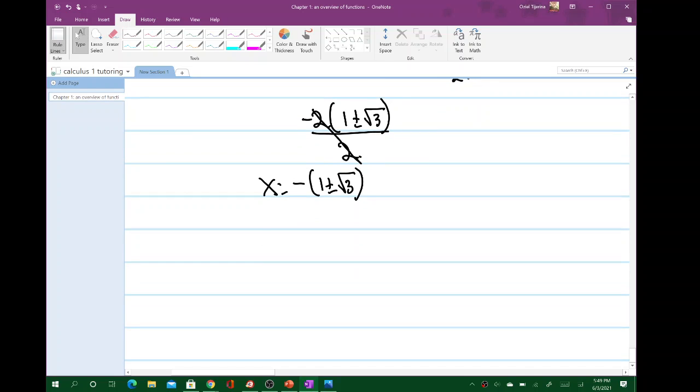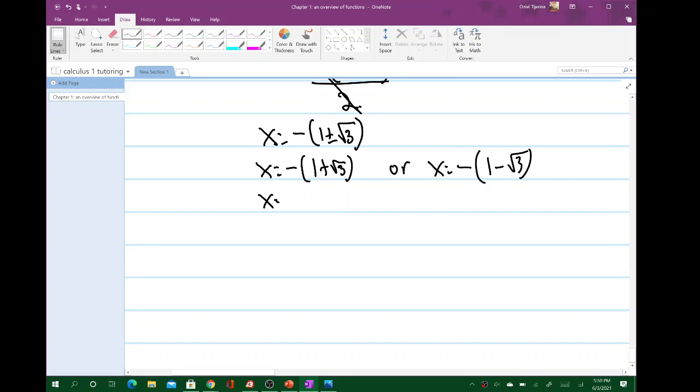So then x equals -1 plus square root 3, negative the quantity 1 plus square root 3, or x equals negative the quantity 1 minus square root 3. So then you'd have x equals -1 minus square root 3, or x equals -1 plus square root 3. And these are your two x-intercepts.